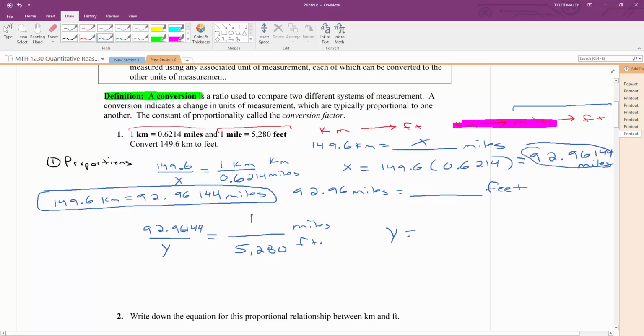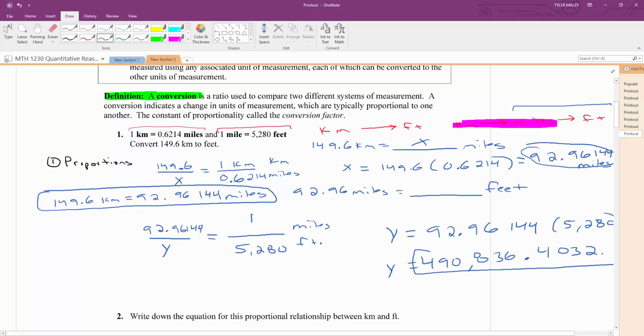So y is going to be equal to 92.96144 times 5,280. If we plug that in your calculator, you should get y equals 490,836.4032. So this is your final answer, and this is in feet.